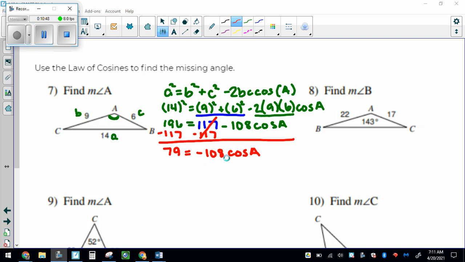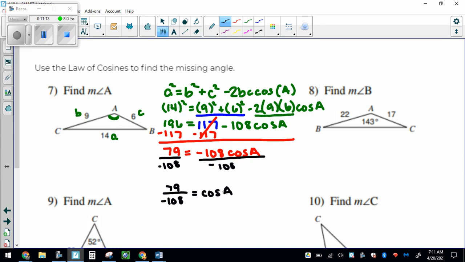Now, in order to get rid of this 108, we have to divide, all right? Because this says negative 108 times cosine A. So you always divide by what's in front of the cosine. And what I'm going to suggest is let's leave it as a fraction, right? So I've got 79 over negative 108 equals cosine A.